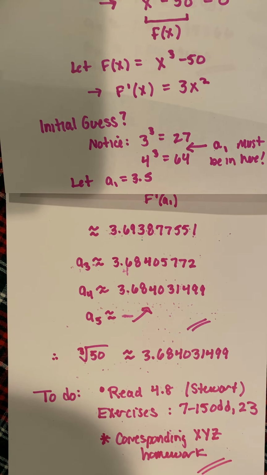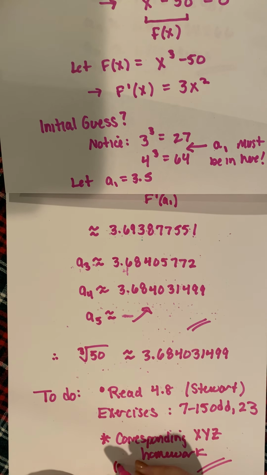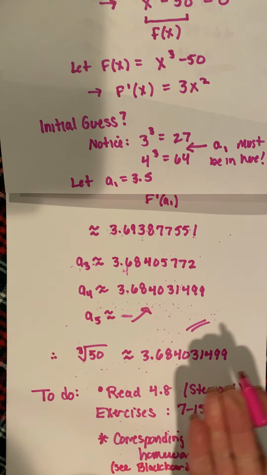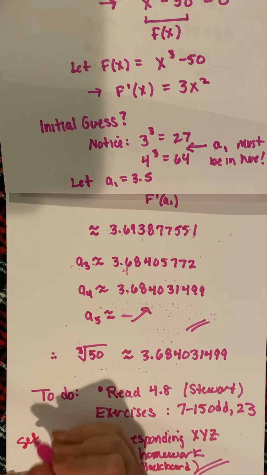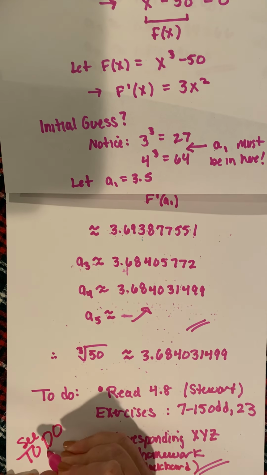I think this is 4.9 in Stewart. Again, go to Blackboard, see Blackboard for the corresponding. I give you each the Stewart section number and then the XYZ homework number. So make sure you see your to-dos in Blackboard.